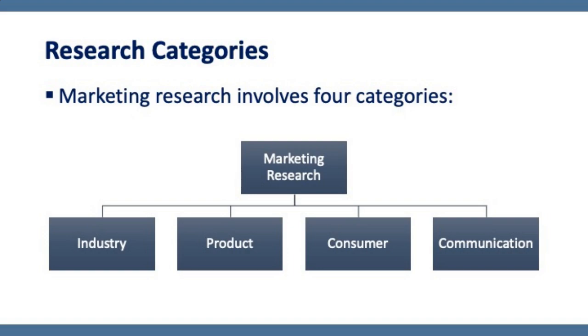The product research, which focuses on the brand itself, the organization's products or services. Customer research that can help us to understand the people we're trying to reach. And communication research, which examines how the organization and its competitors communicate with the audience.